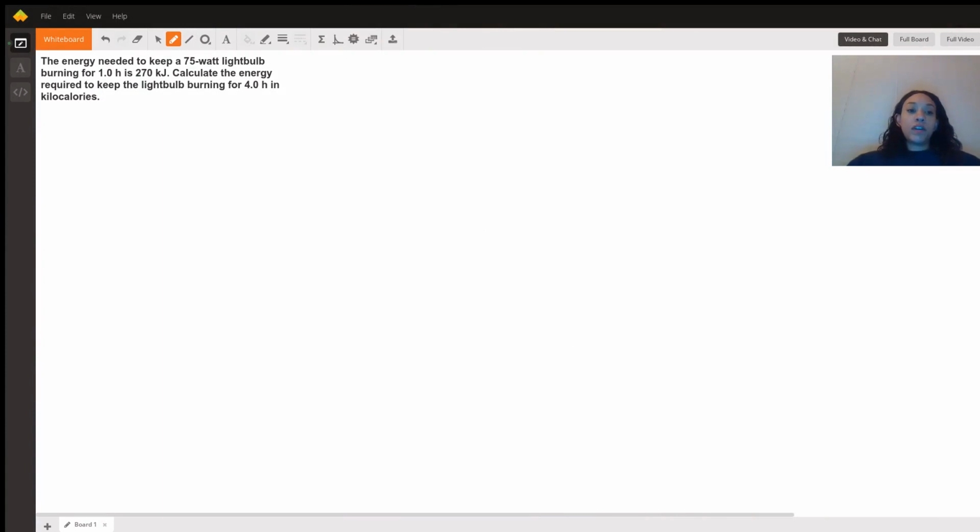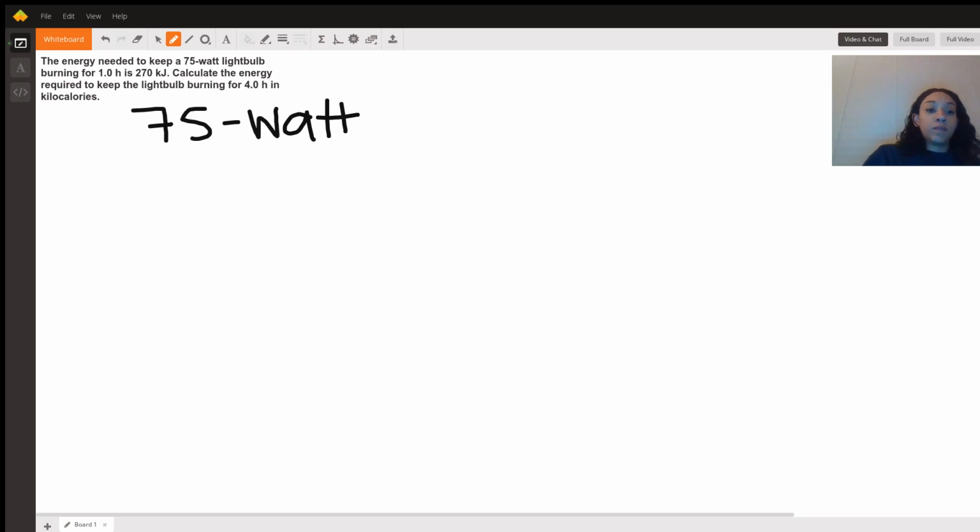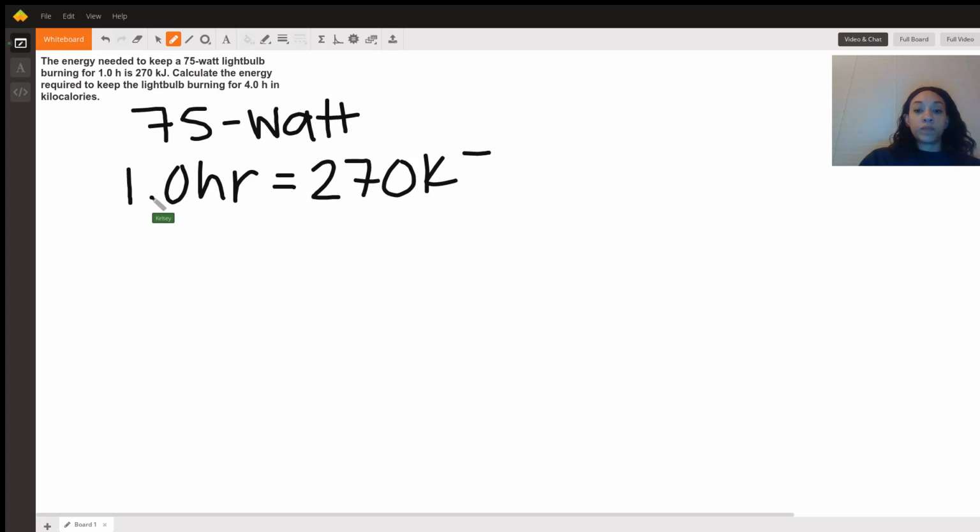So here they're giving us some conversion factors that they're hiding within the sentences. But let's just take apart the information they're giving us. When they say the energy needed to keep a 75-watt light bulb burning, here the 75 watts is just extraneous information, because they actually tell us that for 1 hour of this light bulb being on, it takes up 270 kilojoules of energy.